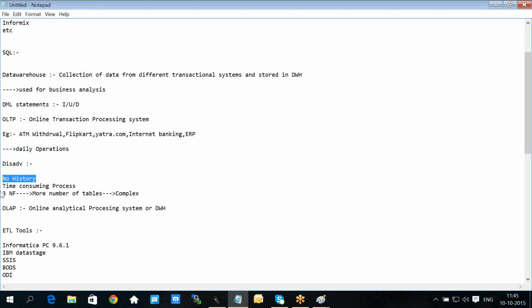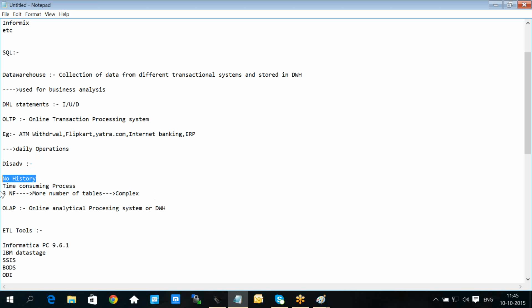When you want to show the data in a report, let's say you want to understand the growth of the business. In 2014 what was the percentage, in 2015 what is the percentage, and so on.